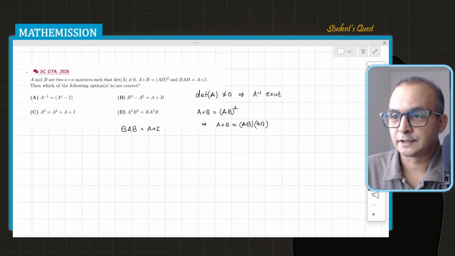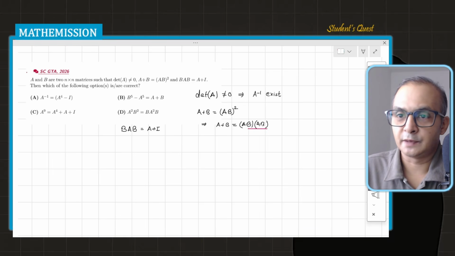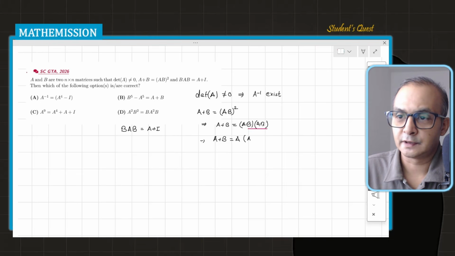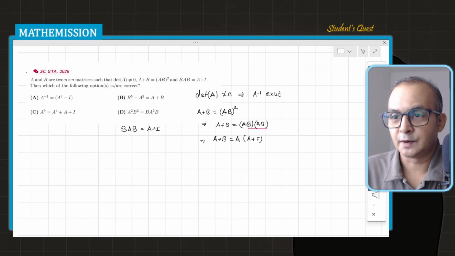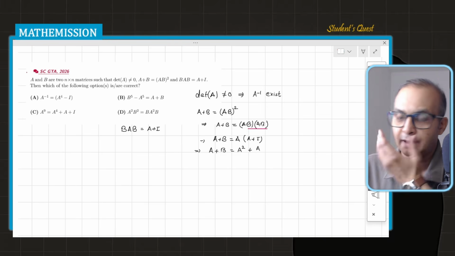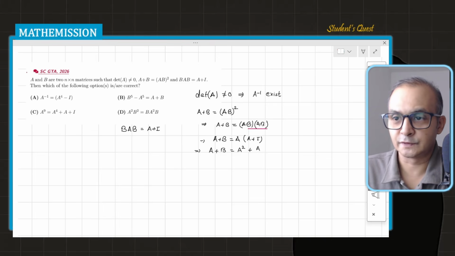Now we also notice that BAB is here, so in the place of BAB I can substitute A plus I. So we will get A plus B is equal to A times (A plus I). And we can multiply A with both of the terms, so we get A squared plus AI, that is A. Now matrix addition is commutative, so there is no problem.